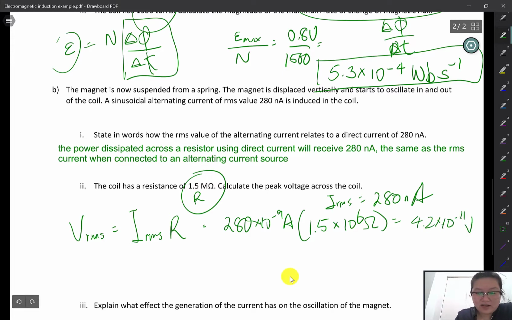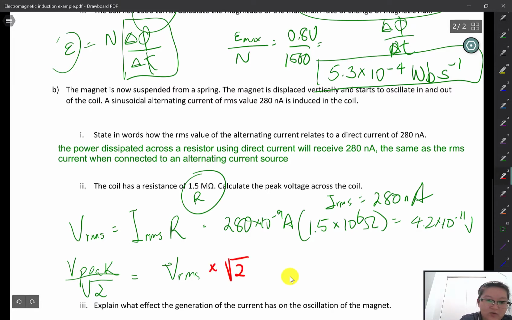So to convert that to the peak voltage, we know that the peak voltage divided by the square root of 2 is going to give us the RMS voltage. So if we take RMS and multiply by the square root of 2, we're going to get the peak voltage.